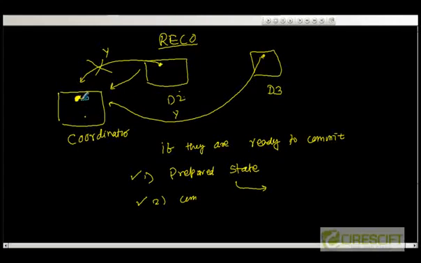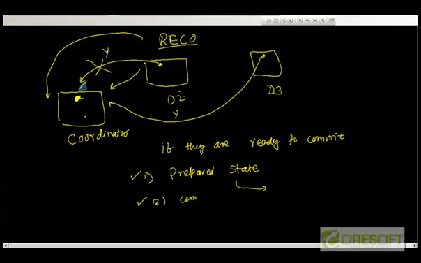Since it didn't get anything back, it just waits. Then the recover process comes in and checks if there are any two-phase transactions which are in the prepared state but never committed.